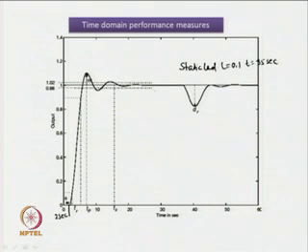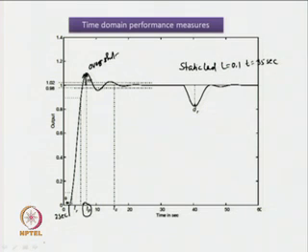So, before settling down, it has got some overshoot, undershoot. This magnitude is known as the overshoot, and the time at which the overshoot takes place is known as the peak time, T_p.